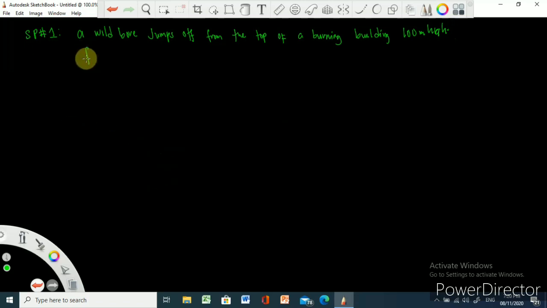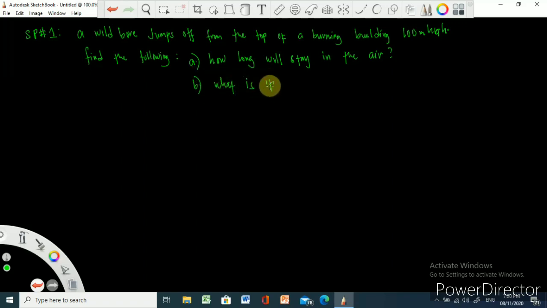Find the following. Letter A, how long will it stay in the air? And letter B, what is its final velocity before it hits the ground?